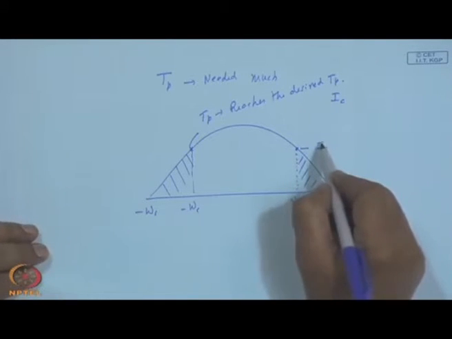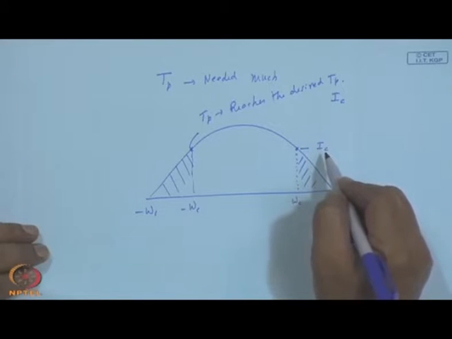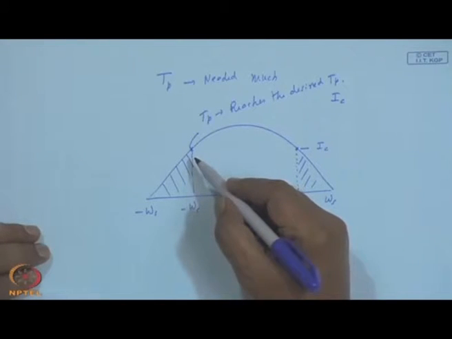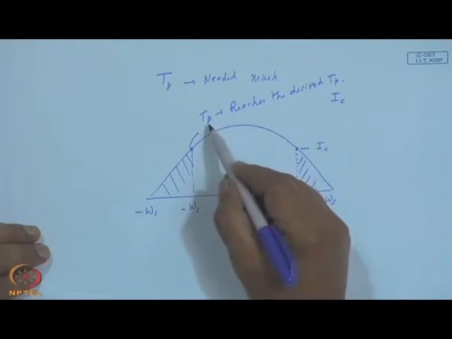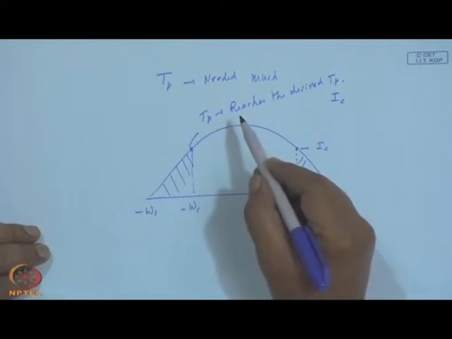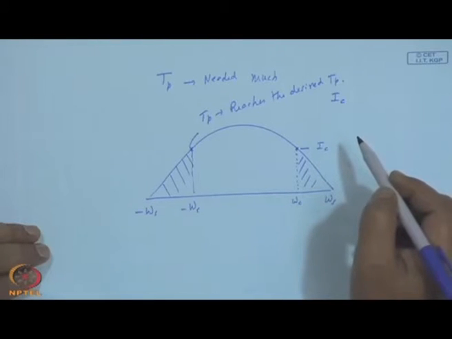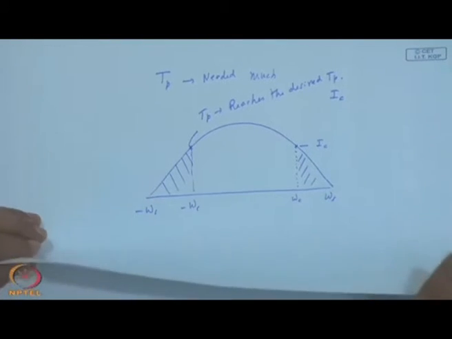Of course, unless the solar radiation is at the critical level of radiation I c, it will not deliver the energy at the desired temperature. But if the energy before that is not sufficient to heat to the temperature required of T p, it cannot supply the energy at the temperature even if I c is reached. The other way around is not possible.